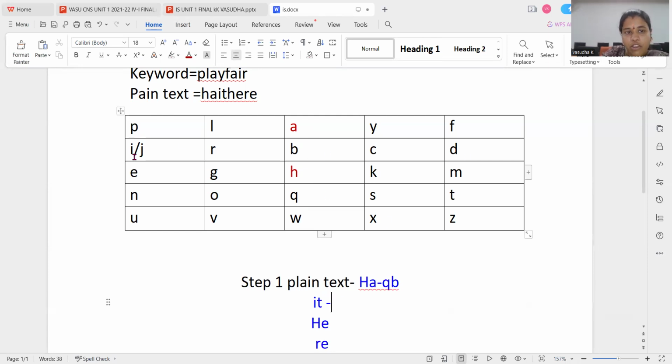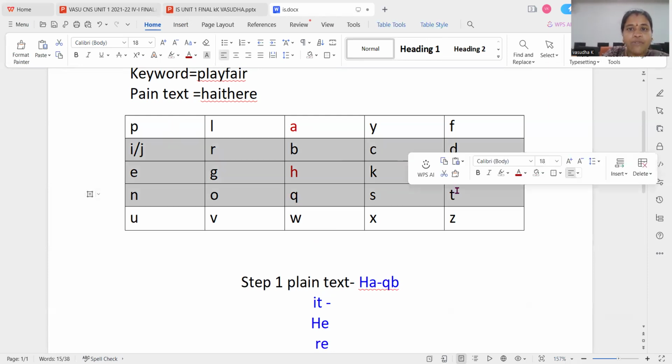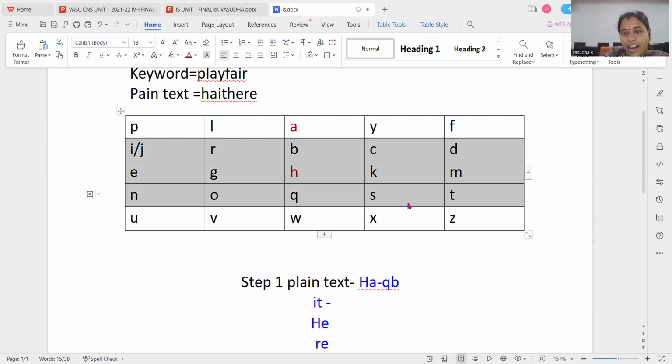Next, IT. For I and T, let us see where they are present. In the table, I and T are present in the rectangular format. I is here and T is here. Now, what do we take here?